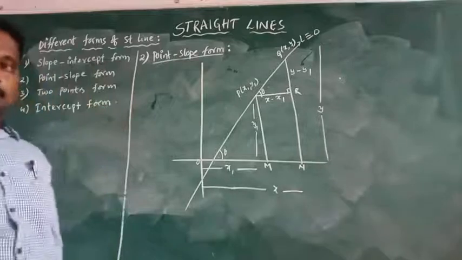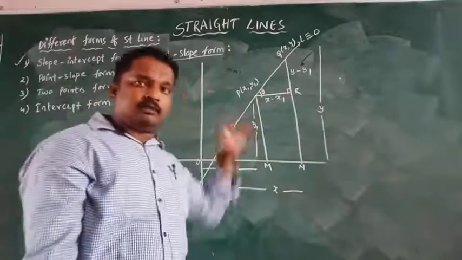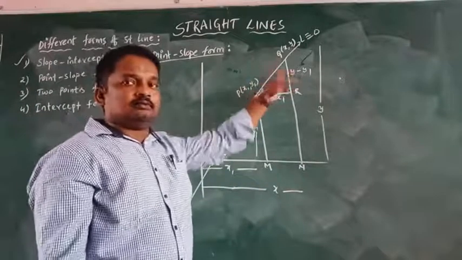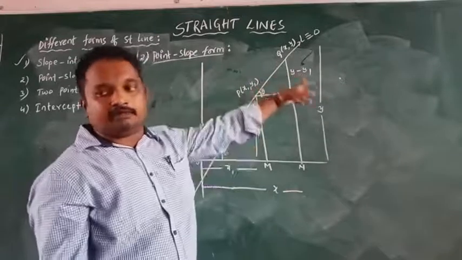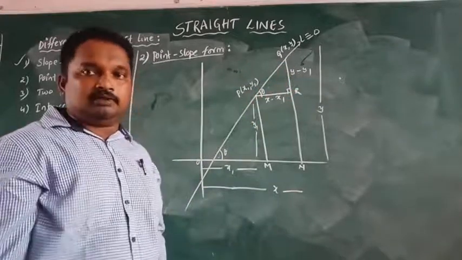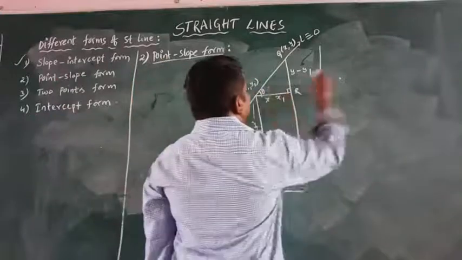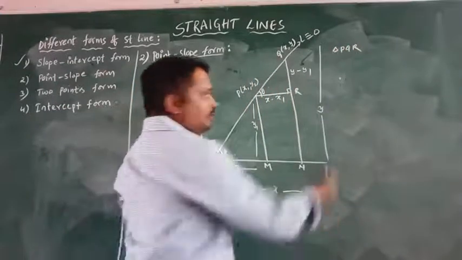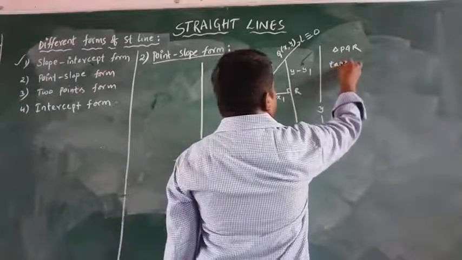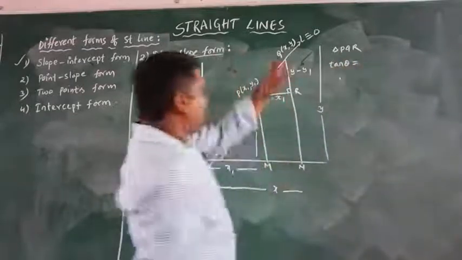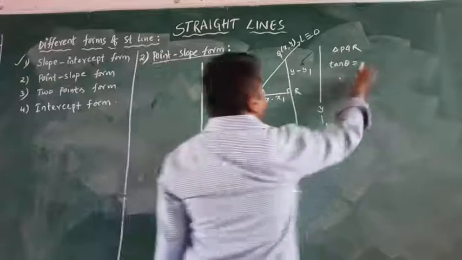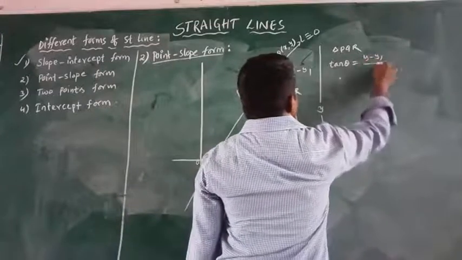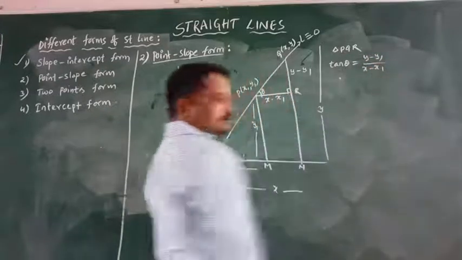We may follow the same concept. Slope equals tan theta. So tan theta equals, in triangle PQR, QR by PR, that is (y minus y1) by (x minus x1).